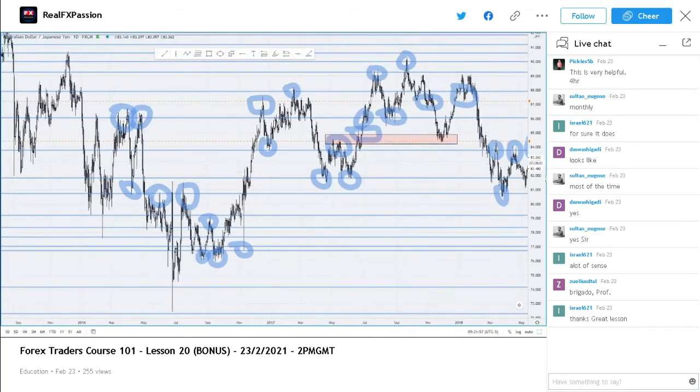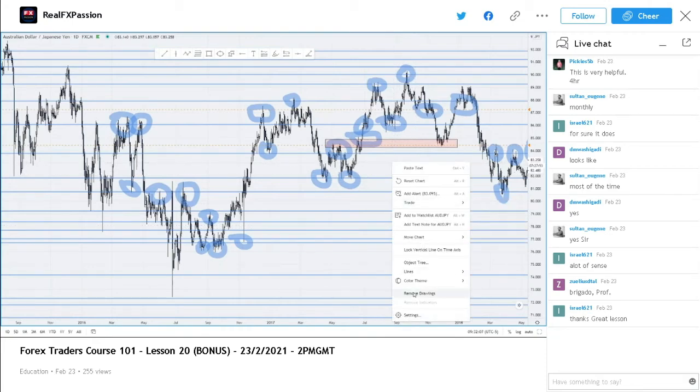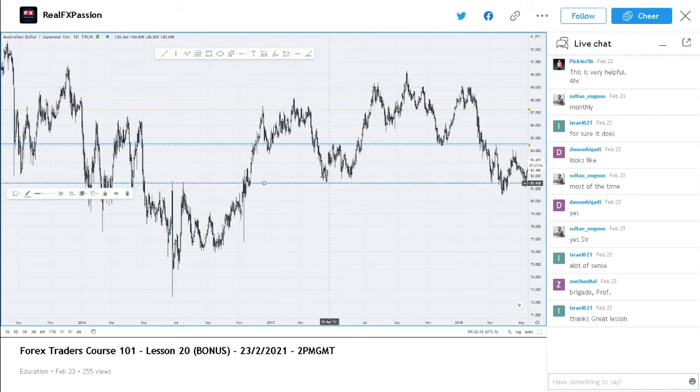Some of you would not have monthly pivot points and support resistance levels on the chart. Some of you are going to remove everything, and you would draw support and resistance levels from the daily. Make sense? You would do exactly the same I did on the monthly, but on the daily.